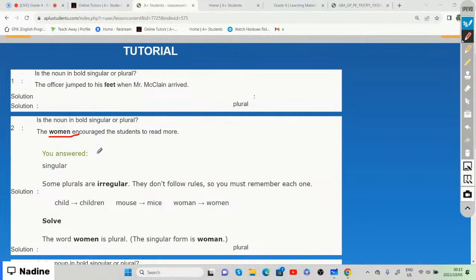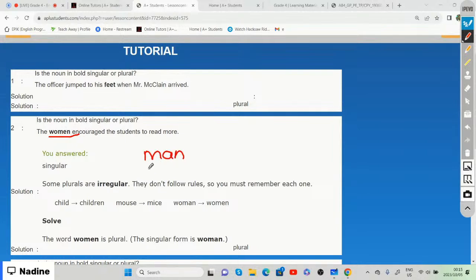Women. The word women encourages students to read more. If you look at the example, if we think of man, man is one man.